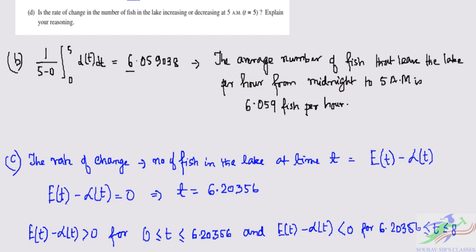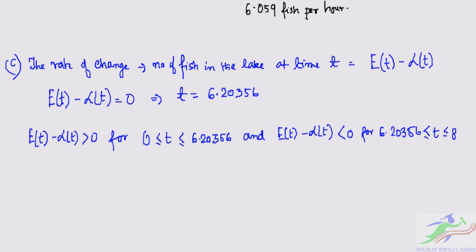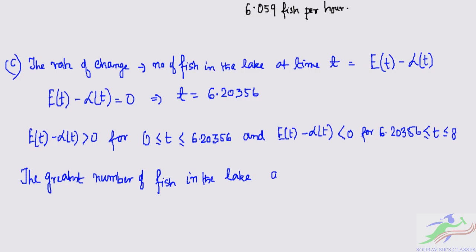Okay, so the greatest number of fish in the lake, you have to find the time at which the number of the fish in the lake is greatest. So the greatest number of fish in the lake is at which time?